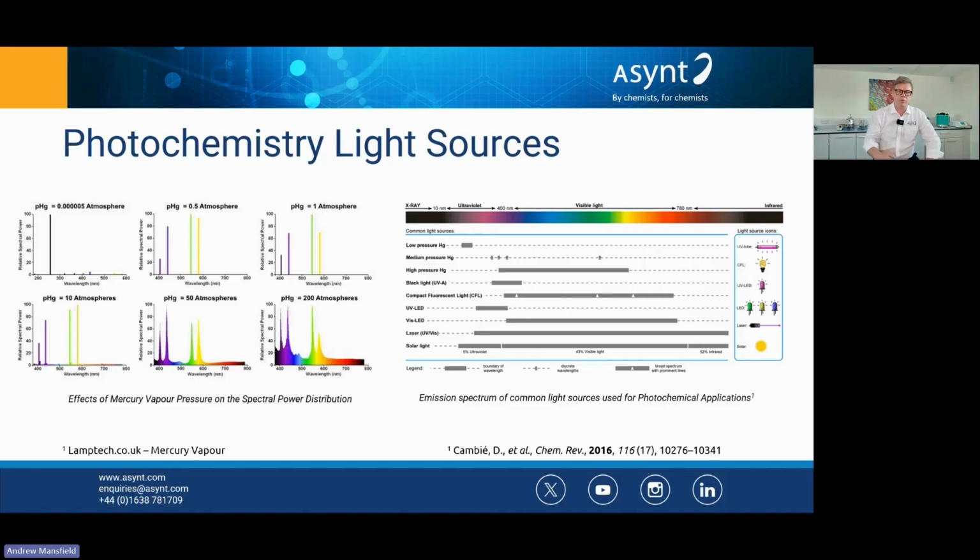If we look at the table on the right here, you can see that with modern LEDs, we can cover the scope of those medium pressure mercury lamps. So we're able to access most of the emission spectra and be very selective in the wavelengths that we choose for our chemistry.